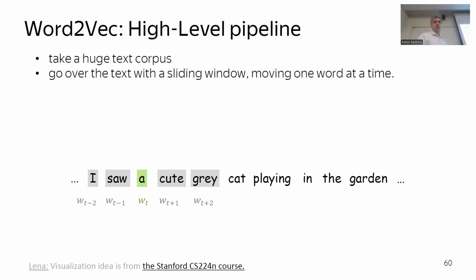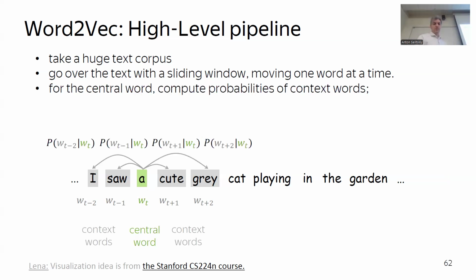And then we want to use maximum likelihood estimate. And maximum likelihood estimate is just the maximization of the probabilities. Again, in a few slides, we'll talk how to actually represent these probabilities.